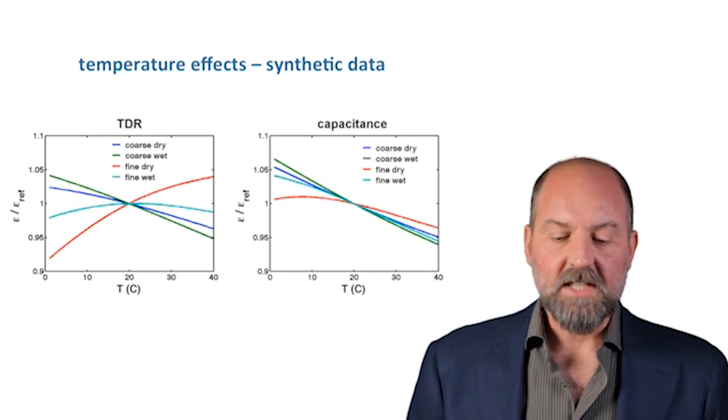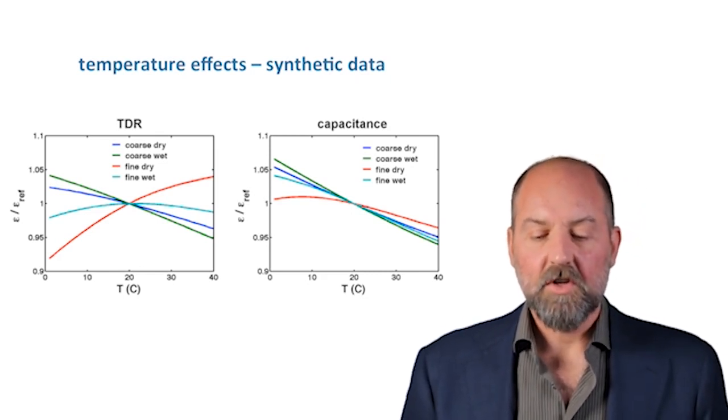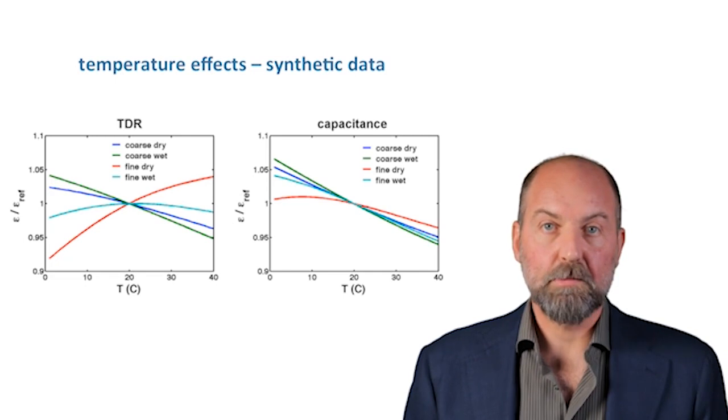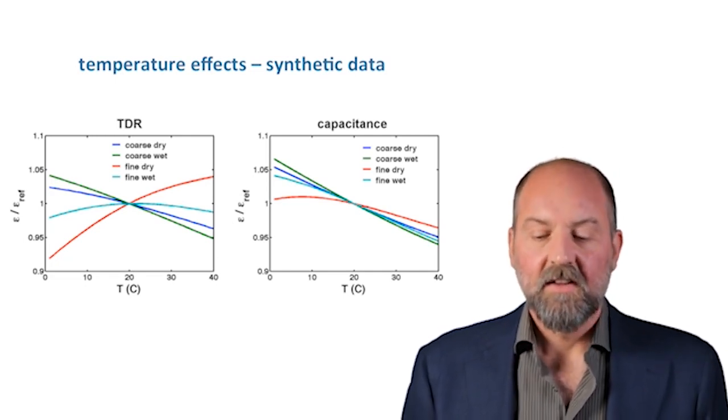And so again, let us compare the predicted estimates through TDR and capacitance, and these are the results. With TDR, we have chosen a reference value of permittivity, which corresponds to the permittivity obtained at 20 Celsius.